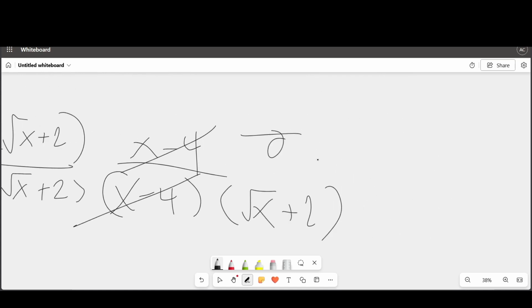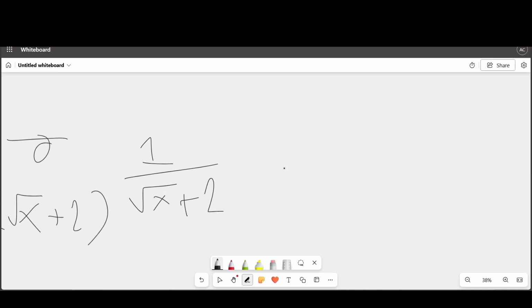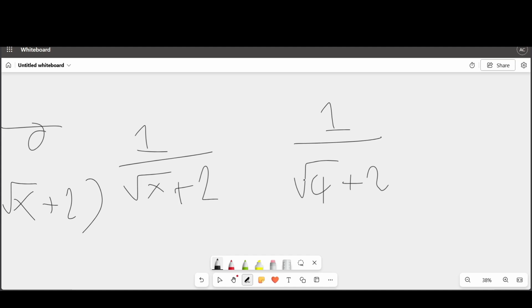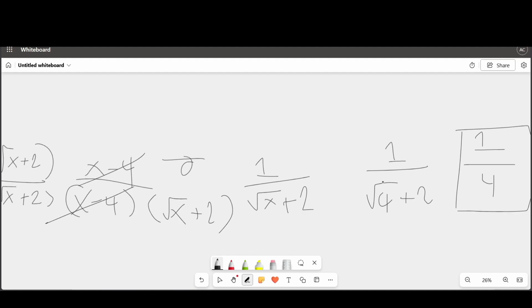Since we already have that, we're just going to substitute the unknown variable with what is stated in the limit. So that is 4: square root of 4 plus 2. The numerator will be 1. So square root of 4 is 2. So 2 plus 2 is 4. So we're going to get 1/4. As x approaches 4, we're getting 1/4.